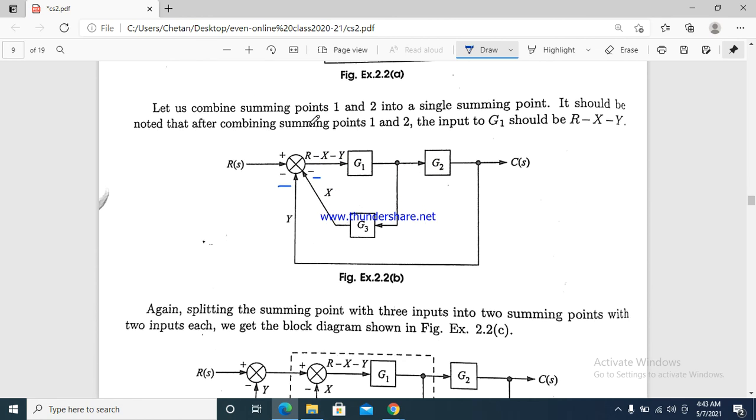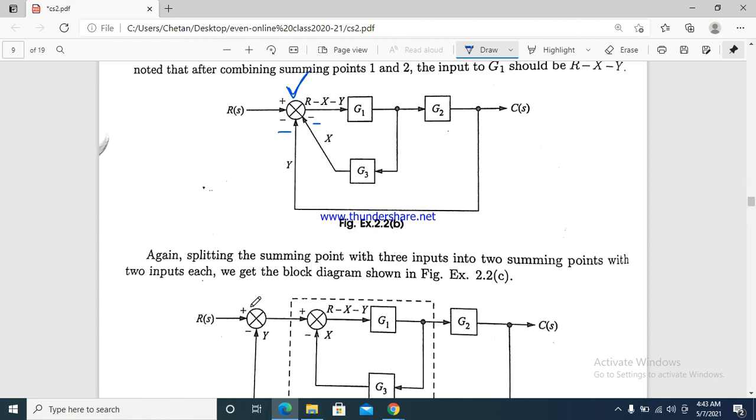Then you split this summing element. Splitting means here one summing element is there, and instead of writing one summing element, I will write two summing elements. This is one and another. If you write like this, there is no change in value at all.